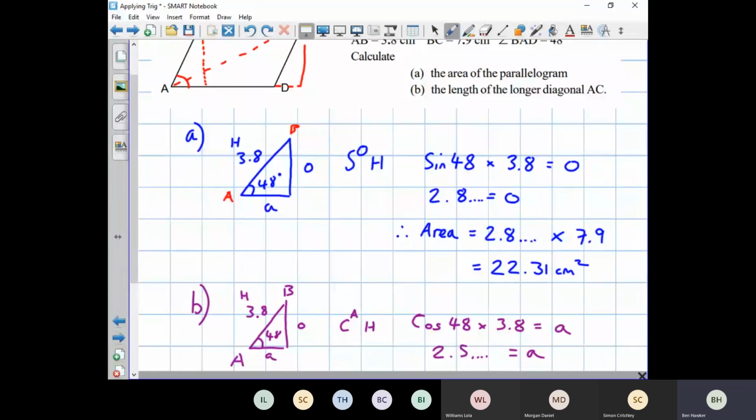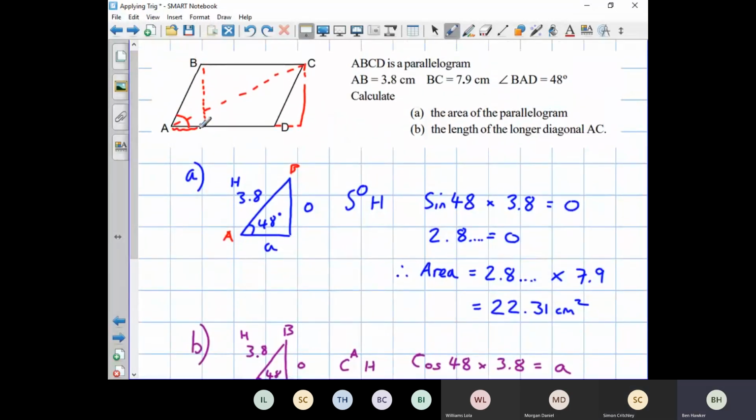I used cosine of 48 multiplied by 3.8 in order to get A, which is 2.5. I've used the dots again to keep it exact. So I've worked out this in order to create this triangle here. So this value here is the same as this value here.